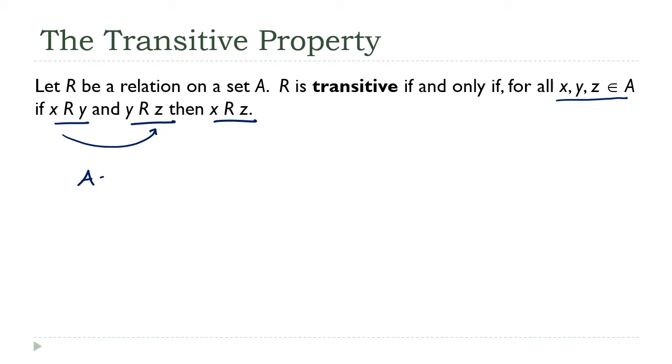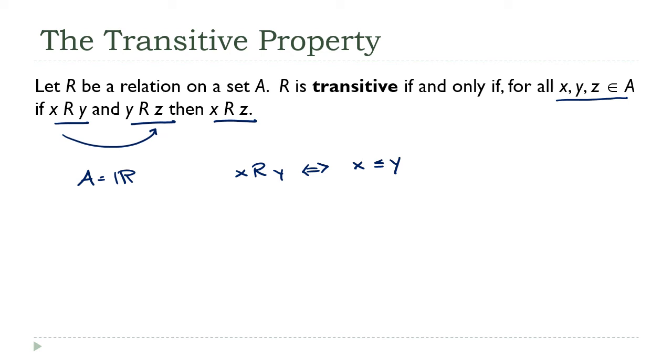If A is the set of real numbers and X is related to Y is taken to mean X is less than or equal to Y, then this transitive property is going to hold because we know that inequality for numbers is transitive.